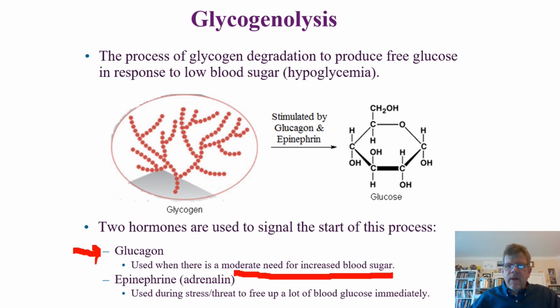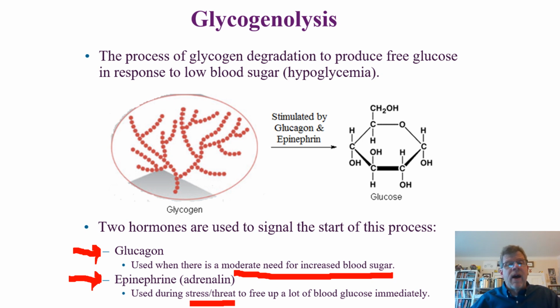Now, if we were in a situation which requires a lot of blood glucose immediately, if we anticipate we're going to need a lot of energy right away, specifically during a stress or threat situation, well, another hormone comes into play: epinephrine, also known as adrenaline. It frees up a lot of blood glucose immediately.